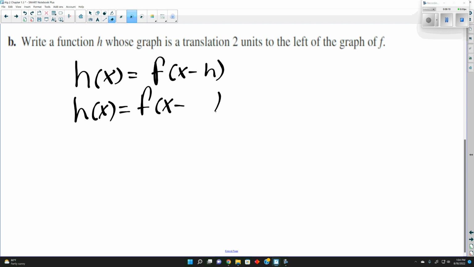So the value of h is the movement to the left or right. Now, it tells us that it is moving 2 units. So we know it is going to be 2. But would it be positive or negative? Negative. So we're going to put in negative 2.